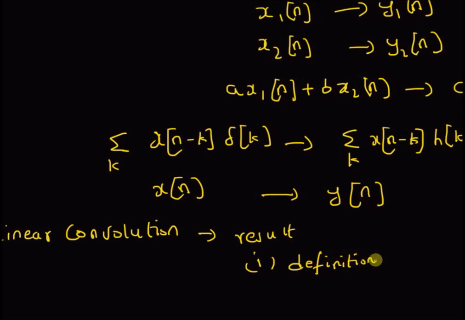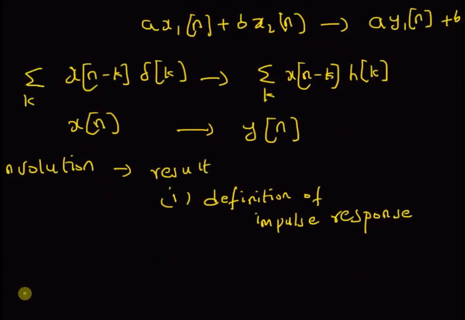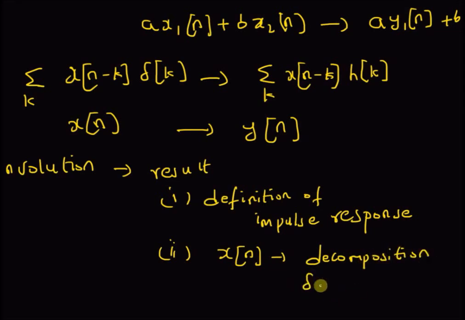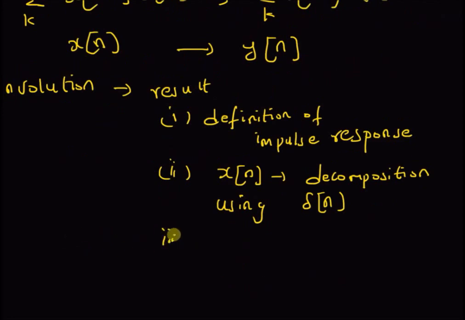The second one is the unit sample based decomposition of the input x of n, that is, decomposition of the input sequence using unit samples, delta of n's. And finally, the linearity property of the system.